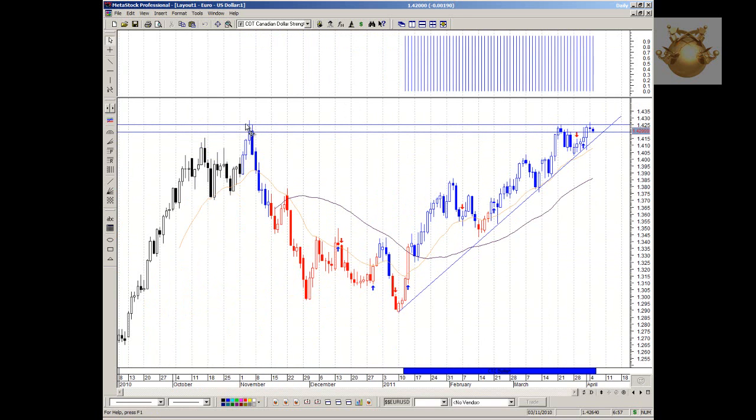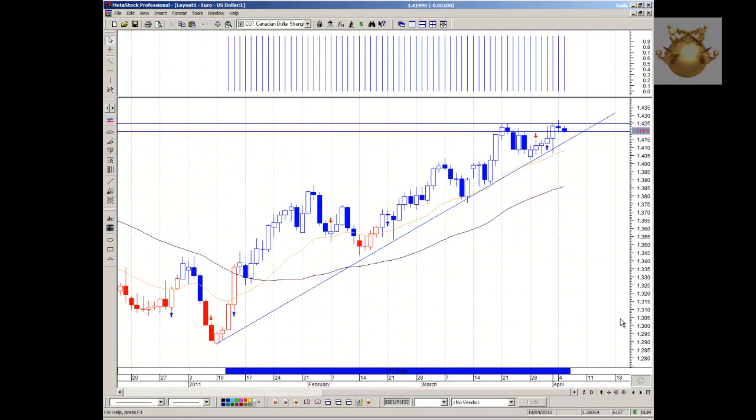This is testing previous highs that we saw back in early November of last year, so we are trading at an all-time high resistance. And if you look at a longer time frame, such as the weekly, you'll see even further resistance or support way back in early December of last year. So clear indication that there's a ceiling level here that it needs to breach.